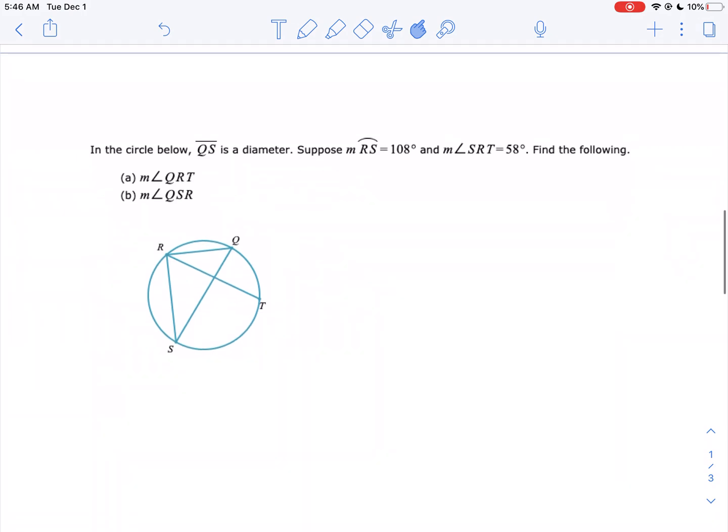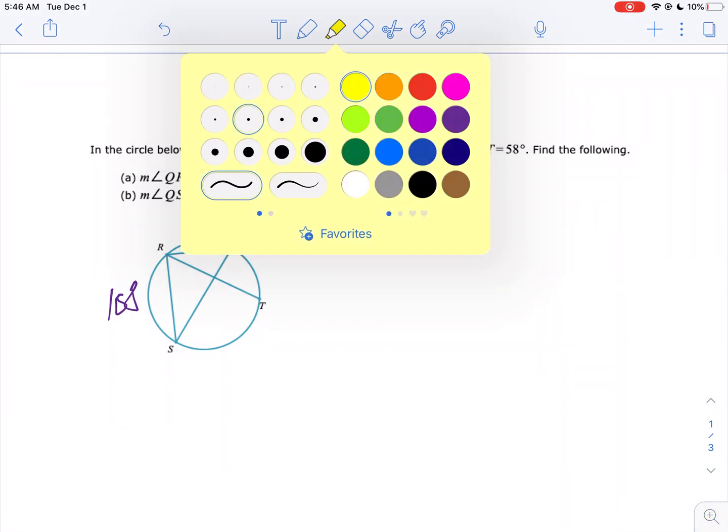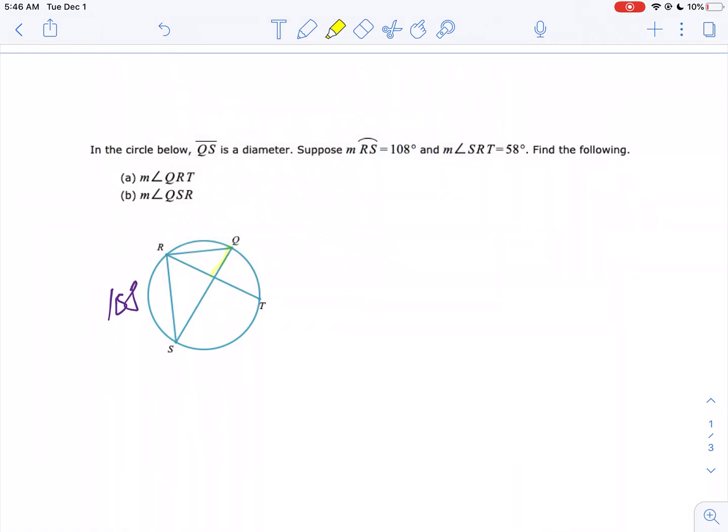Let's take a look at the next problem that you either didn't get to or you had a hard time finding. You're told that the measure of arc RS is 108 degrees. Almost forgot. We're also told Q to S is a diameter. So we know this is a diameter.